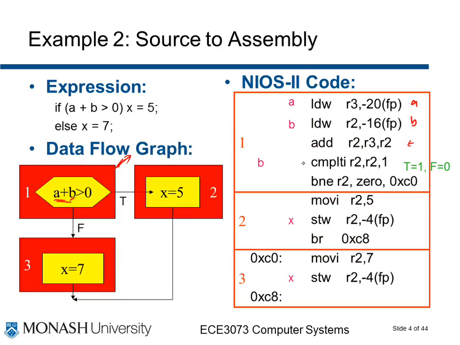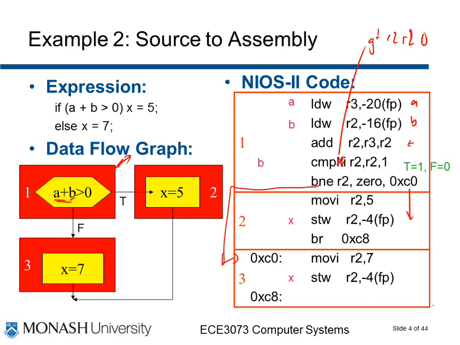Yeah, so this assumes integer. It would be equivalent to say compare greater than R2, R2, 0 if you wanted to. Okay, branch if not equal to 0. So this corresponds to branch if R2 is not equal to 0, I go to here. If it is equal to 0, I carry on.